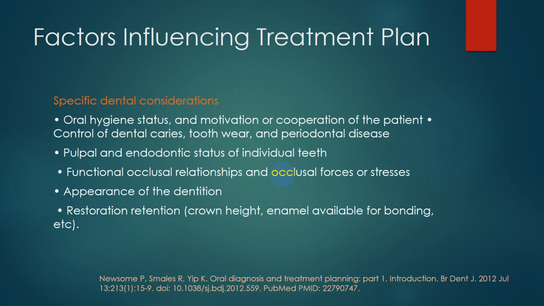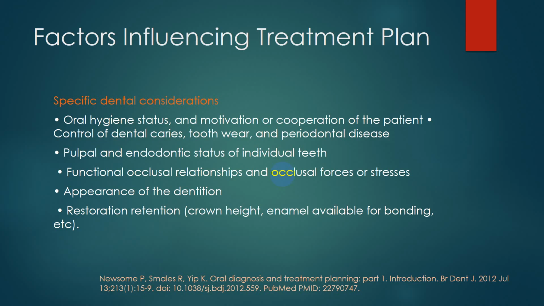There are also some special dental considerations in the patient himself. In the oral cavity of the patient, you can check his oral hygiene status. Okay, if his oral hygiene status is poor, he will not be able to help you in controlling dental caries.